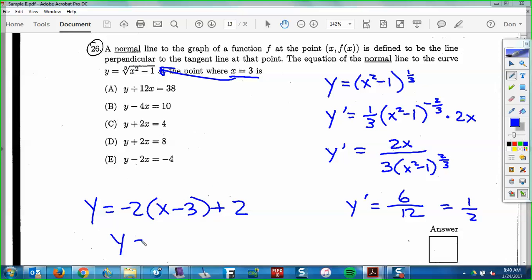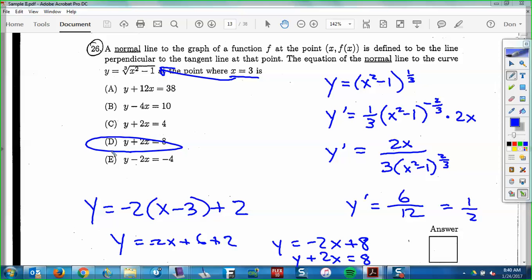So I get y equals -2x plus 8. Doesn't look like any of those. I'll add the 2x over there. y plus 2x equals 8. So normal line, you should know a normal line is perpendicular to a tangent line. If you didn't, now you know. Usually when I've seen that problem, we tell you. Maybe not.